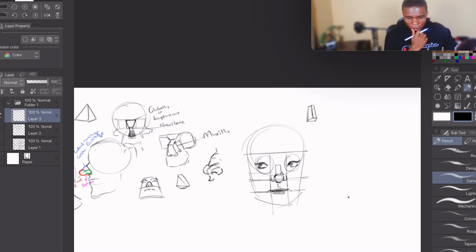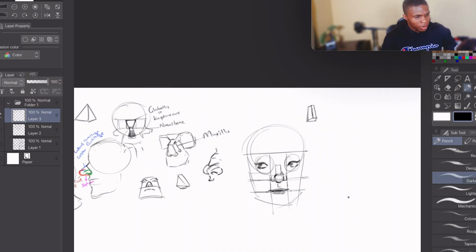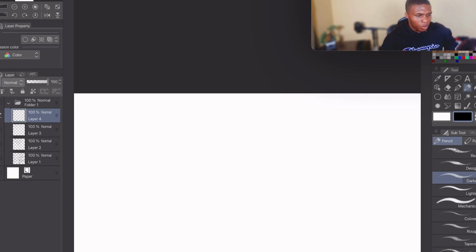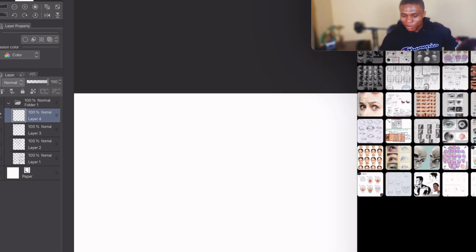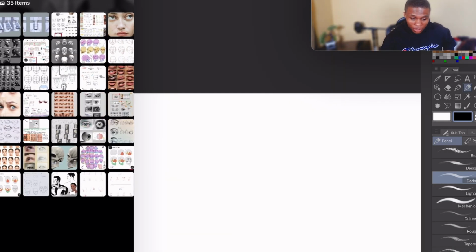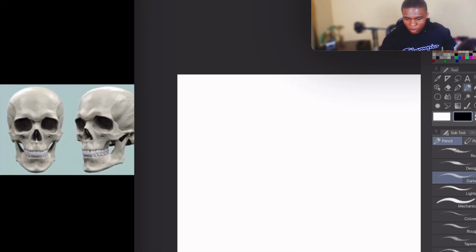Another thing we're going to talk about, lastly I think, is the mouth. So with the mouth, I'm going to say it again. You know what I'm going to say, right? Yes, you have to learn to draw the skull. The skull is important, so that you don't make the mistake of drawing a flat mouth.